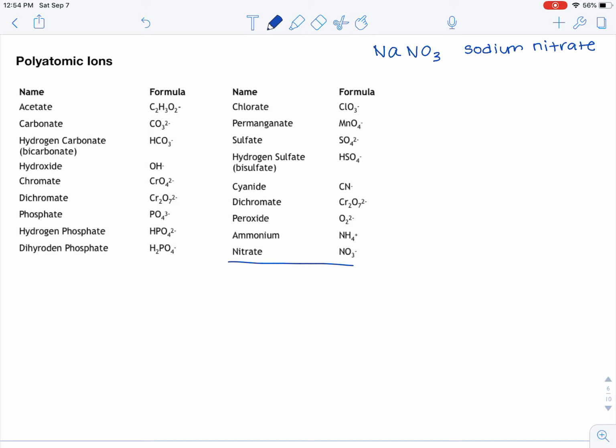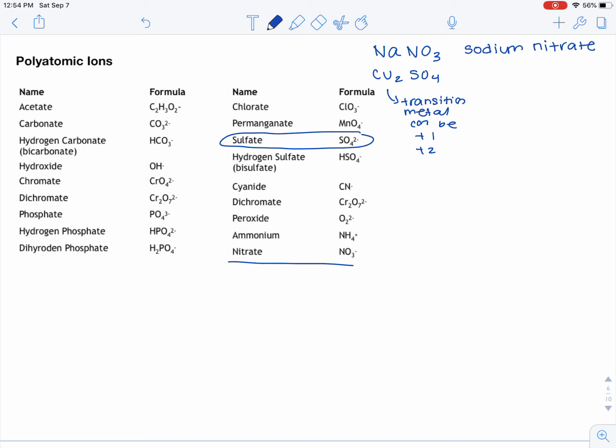Another example could be Cu2SO4. Okay, so I know that Cu is a transition metal. It can be +1 or +2. SO4 is right over here.